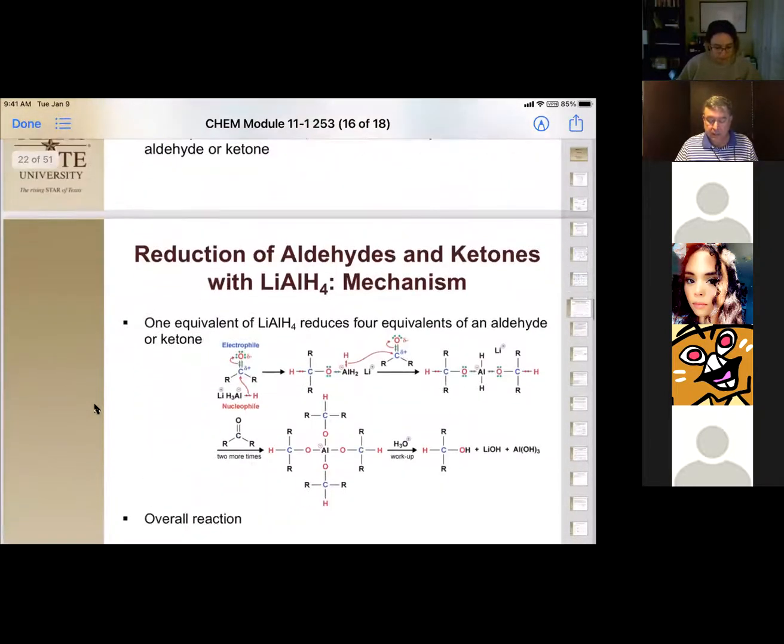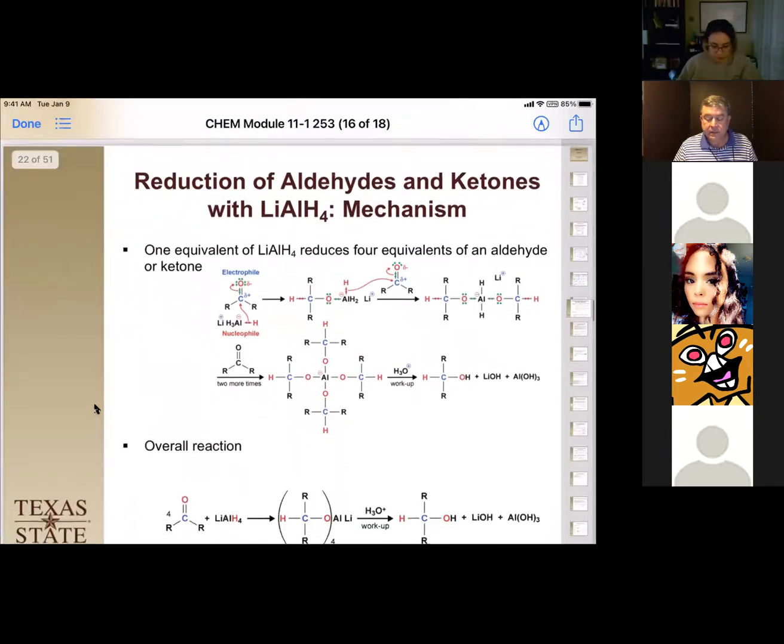Okay. Lithium aluminum hydride is very similar in the fact that it's going to transfer that hydride. But in the case of the lithium aluminum hydride, the aluminum complex forms between the alcohol you just formed and the aluminum itself, and it will continue to do this. In the case of lithium aluminum hydride, we must use acid at the end to break up that aluminum oxygen bond to give us our aluminum as a salt and our free alcohol.